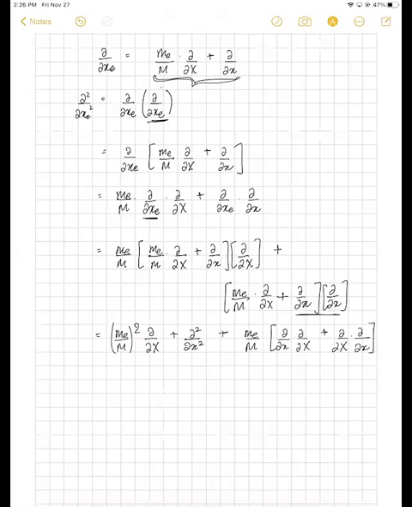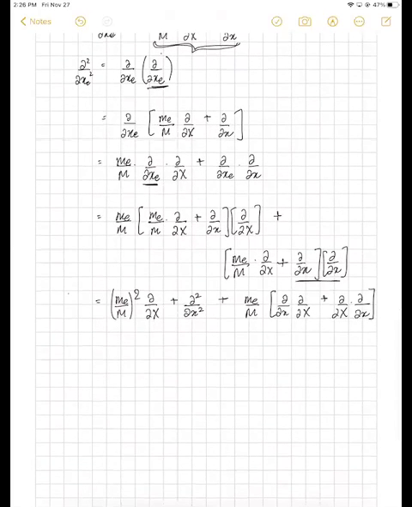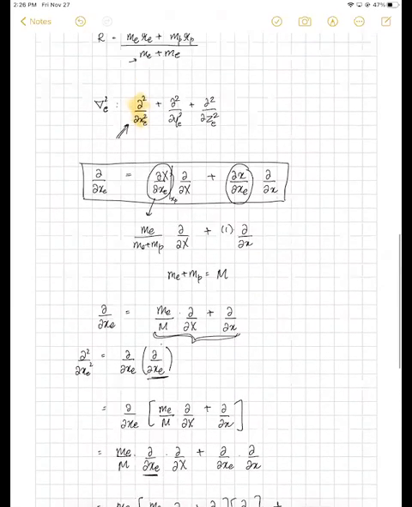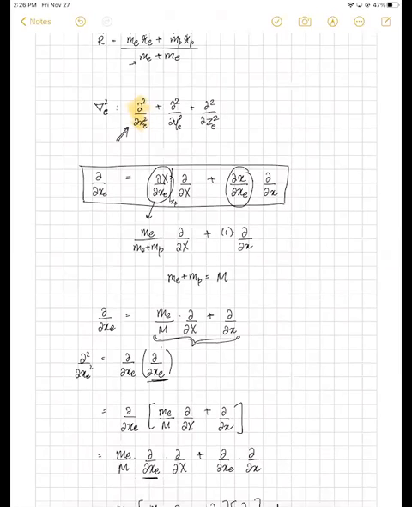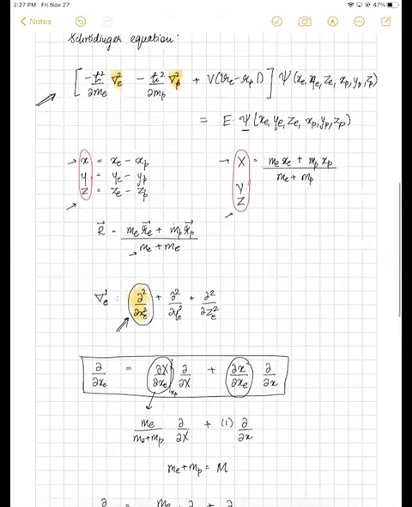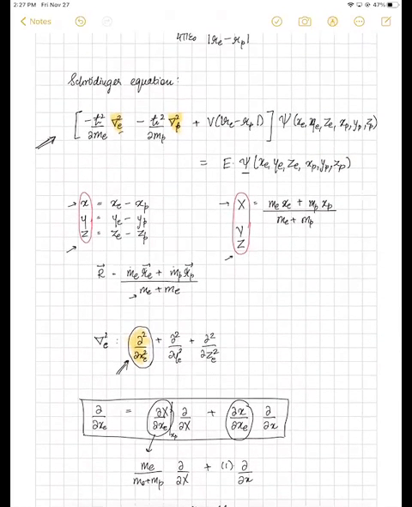Okay. So this is our expression for del 2 by del xe2. And just to remind you, why are we doing this? We are doing this because we want to find a replacement for this thing, because we don't want to express our Hamiltonian in terms of xe, ye, ze, xp, yp, zp, we want to express it now in terms of small xyz and capital XYZ.